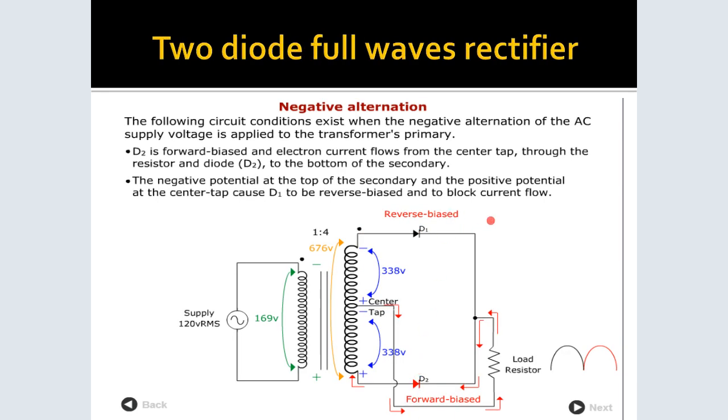So that's the negative alternation, and it's now the turn of D2 to conduct.